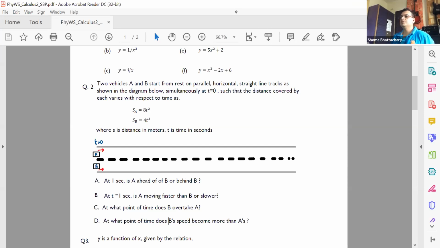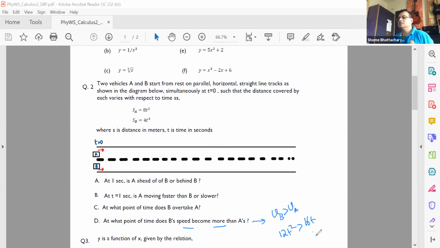So we expect that the answer should be less than 2 seconds, and that is what you get, because the condition for B's speed to become more than A's speed is that VB should become greater than VA. The instantaneous speed of B is greater than the instantaneous speed of A. That is the moment when the speed becomes more. So what was the instantaneous speed of B? It was 12t square. This should become greater than this one, 16t.